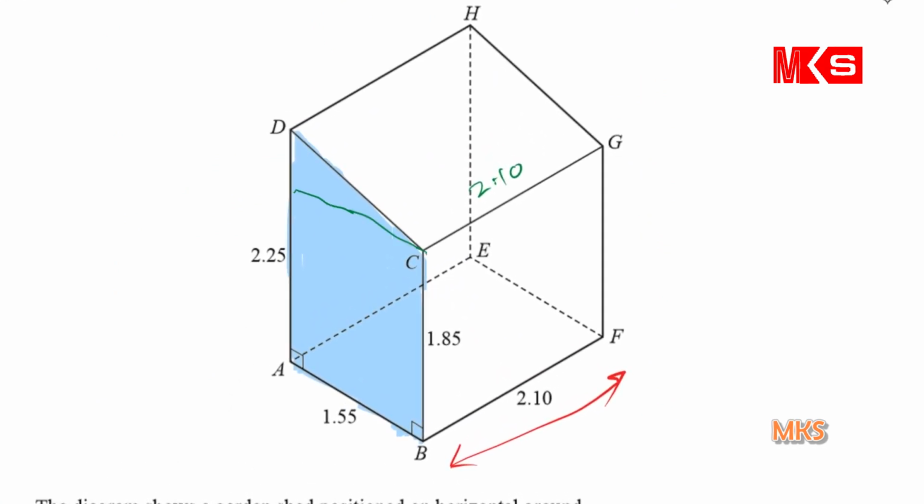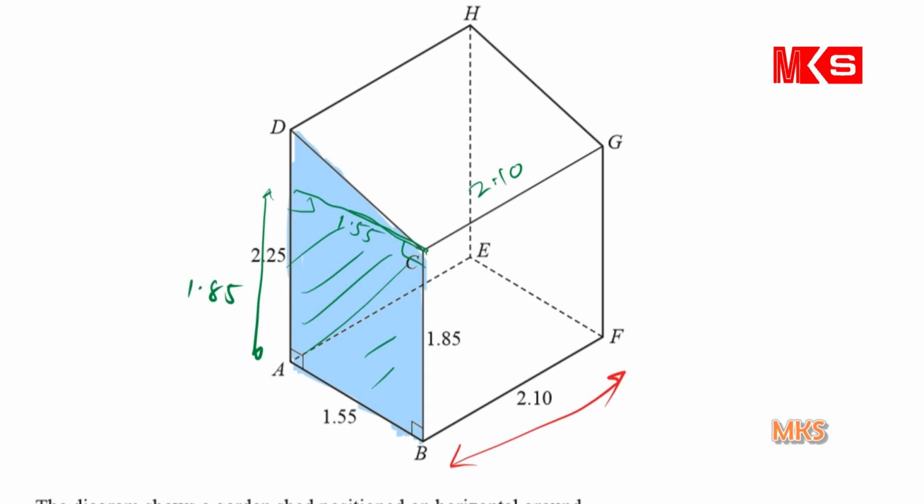I'm drawing a line from C to the line AD, parallel to the line AB. That is 90 degrees, so that will make this a rectangle in which this is 1.55, and in this case this part will be 1.85.